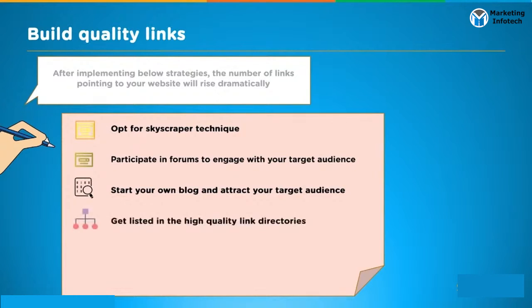Getting listed on high quality link directories like Yahoo directory is still a way to add a link from a high quality site. And then make use of broken link building. So again, on the last tip, we mentioned Search Console. Search Console certainly has reports available for you that allow you to see what pages on your site are no longer there and allow you to see what pages they're linking from.